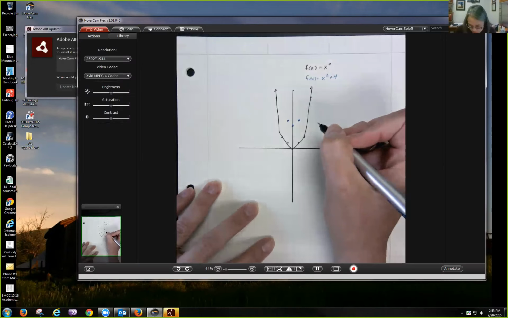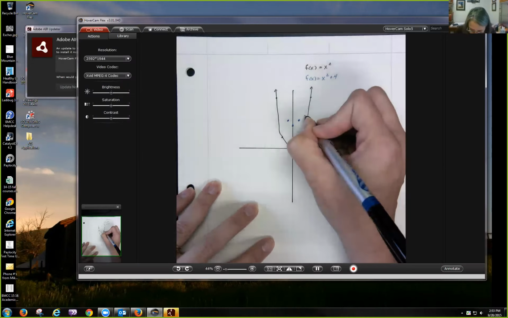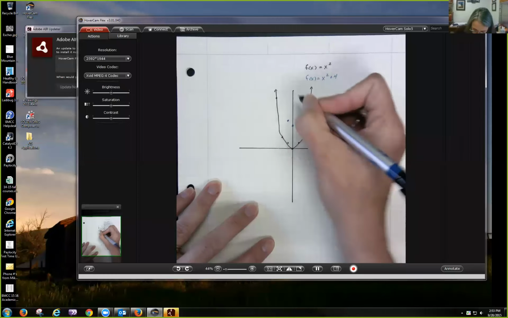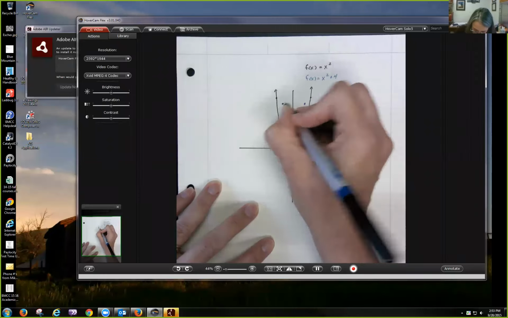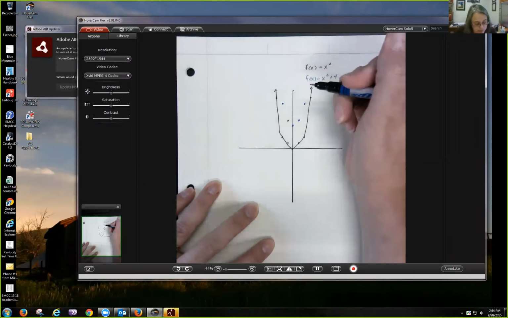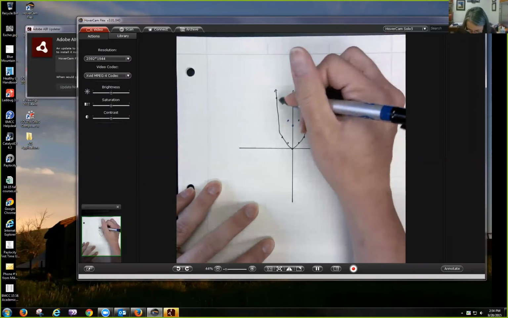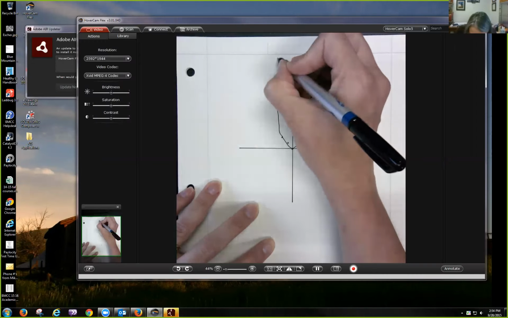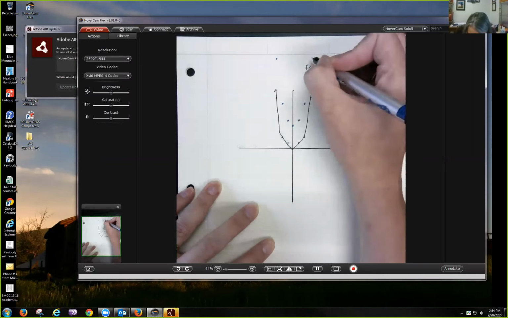F of 2 will be 8. F of negative 2 will also be 8, and so on. And f of 3 will be clear up here. That's f of negative 3. This is f of 3.